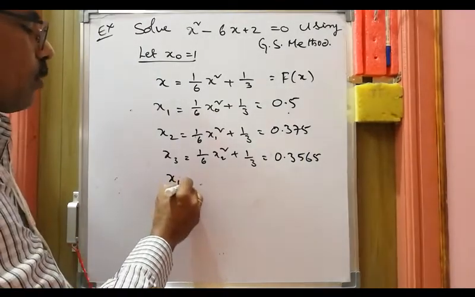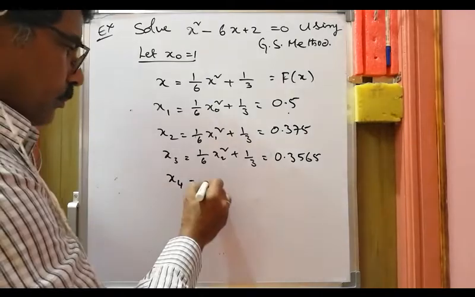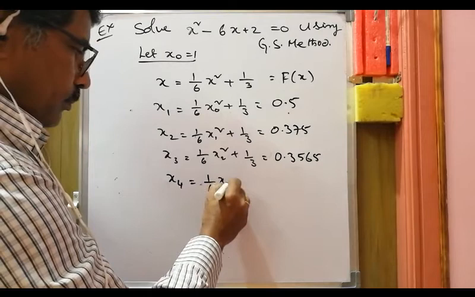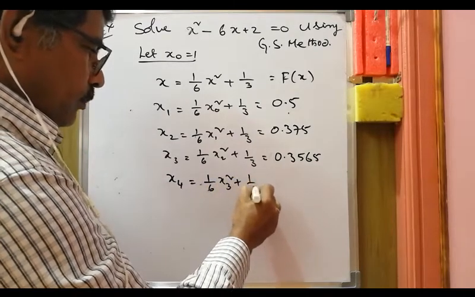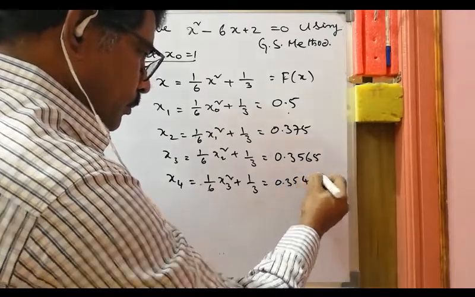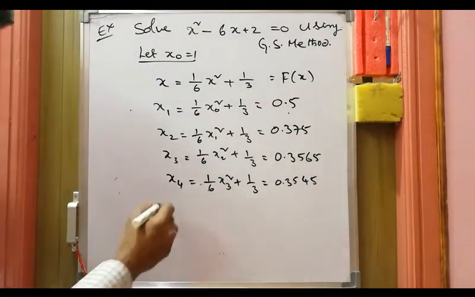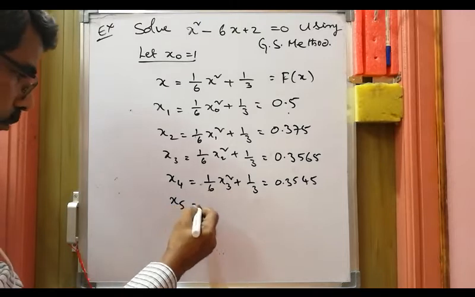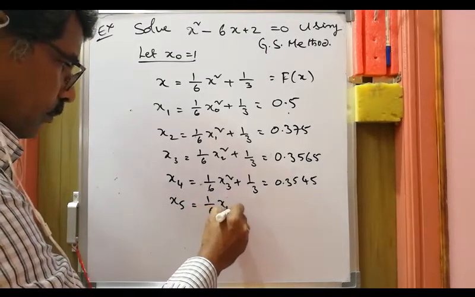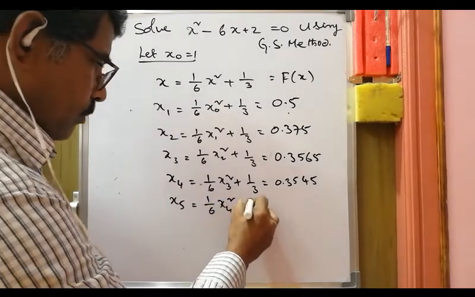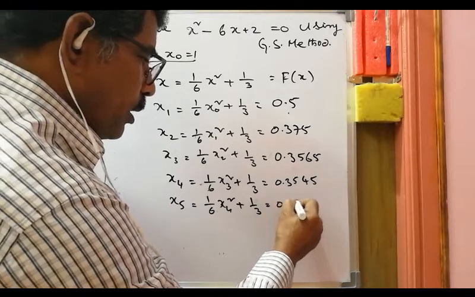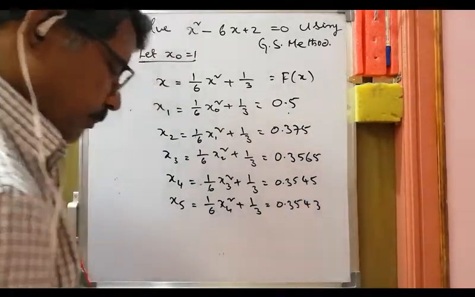then x4, the value of x4 is 0.3543. Okay.